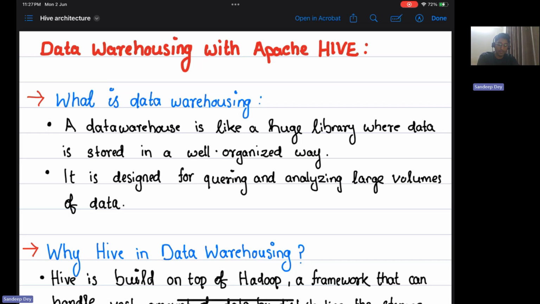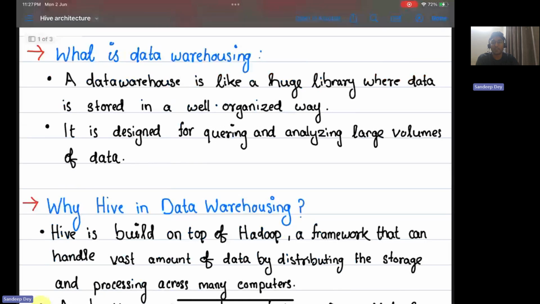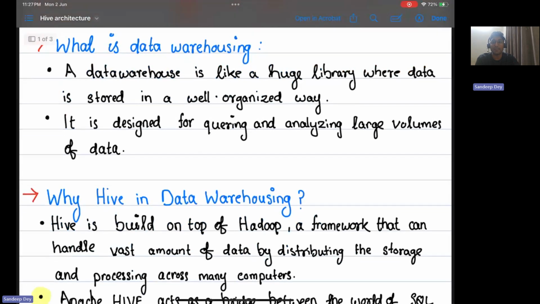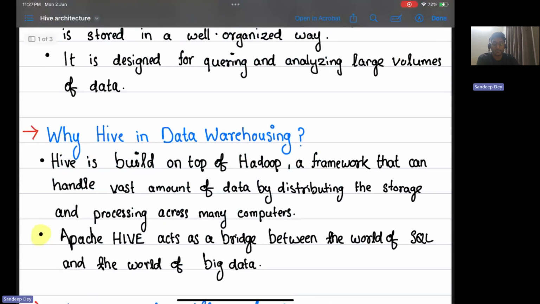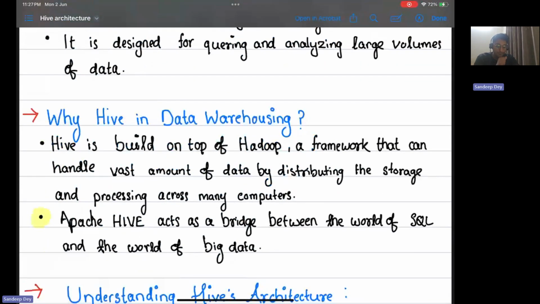Next, why Hive for data warehousing? You got to know what data warehousing is. Now, why are we using Hive? Basically, Hive is built on top of Hadoop. We studied Hadoop in our previous lecture, how it distributes the data among different machines.